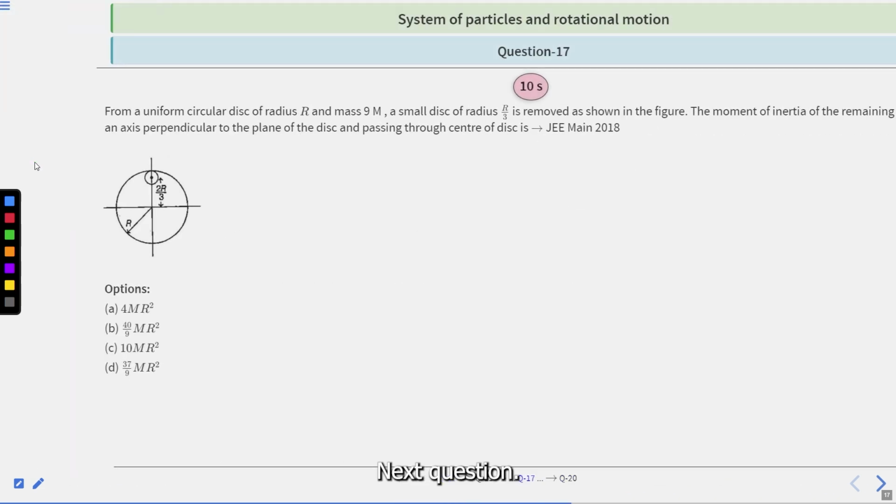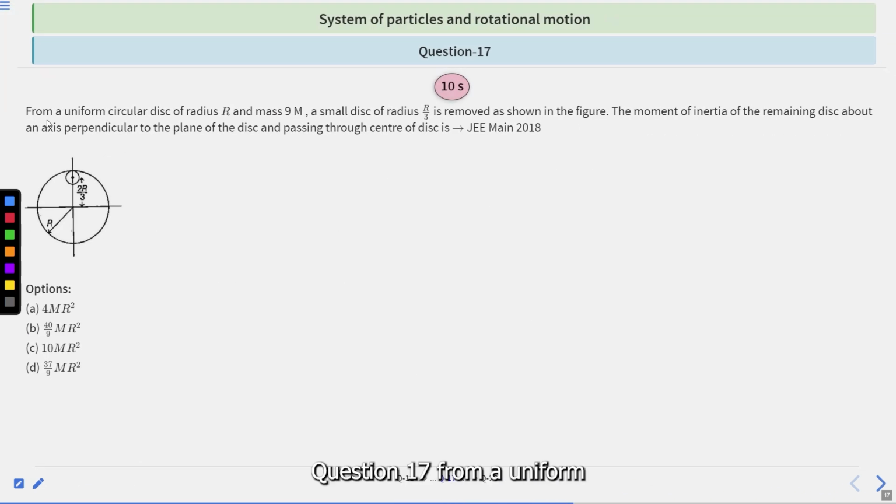Next question, question 17. From a uniform circular disc of radius r and mass 3m, a small disc of radius r by 3 is removed as shown in the figure. Clear? The moment of inertia of the remaining disc about an axis perpendicular to the plane of the disc and passing through the center of the disc is what?